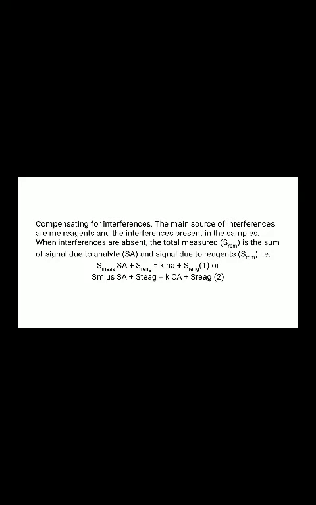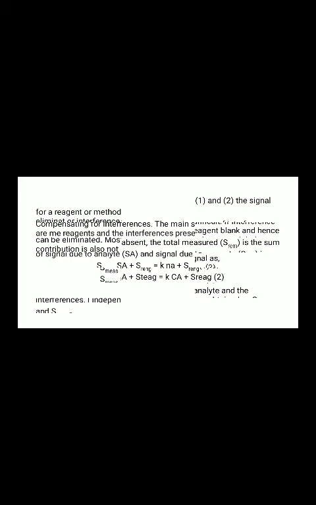That means S_total = S_A + S_reagent = k_A n_A + S_reagent, that is, k C_A + S_reagent. The signal due to the reagent in equations 1 and 2 is the signal for the reagent or method blank, which does not contain sample, but eliminating interferences in the sample matrix is difficult.